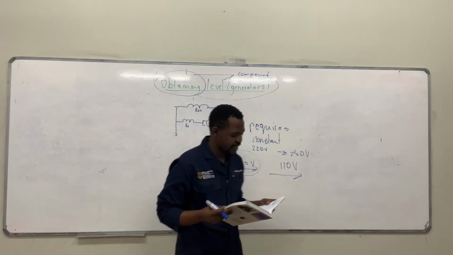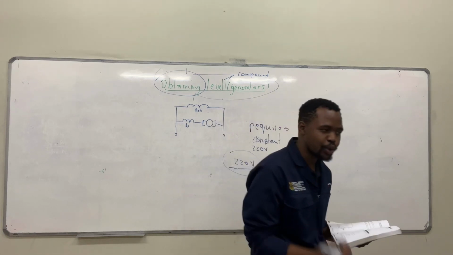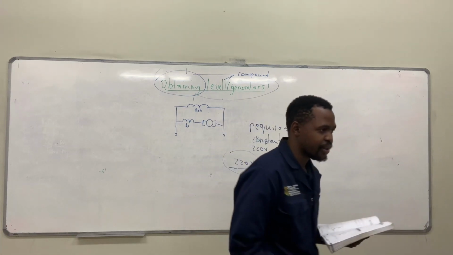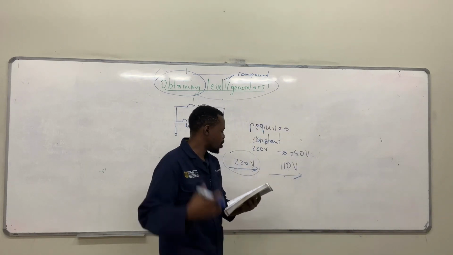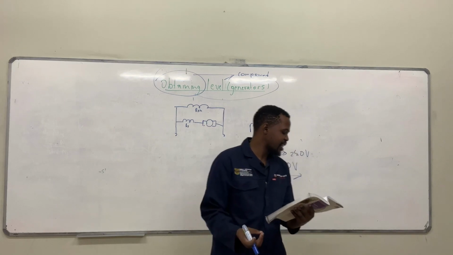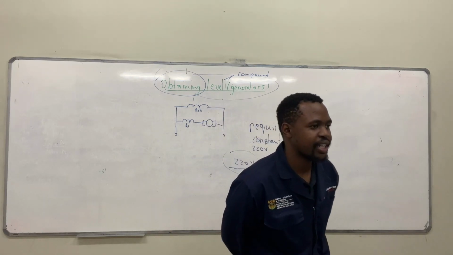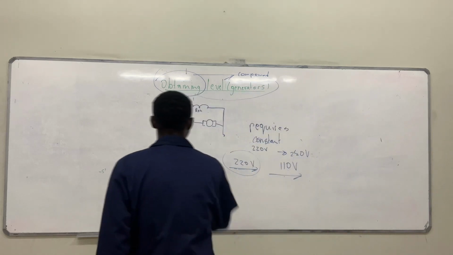It says there, obtaining what? Obtaining this level compounding. How do we obtain it? Okay. In order to obtain level compounding, a shunt generator can be converted into a what? Compound generator. What does this statement mean?